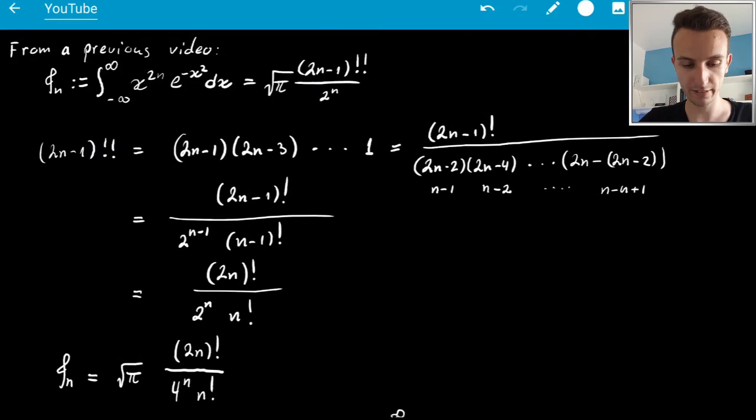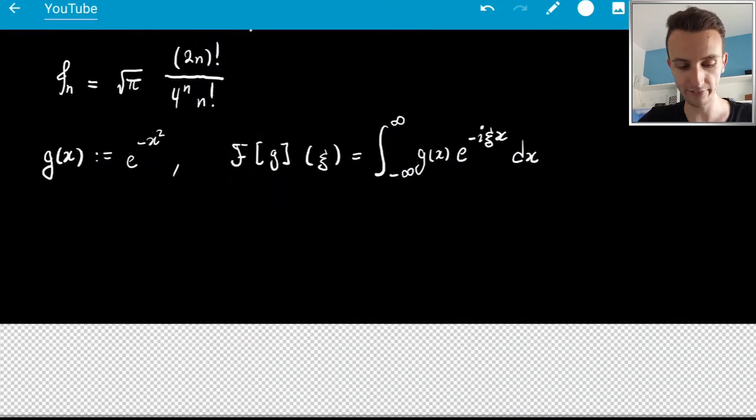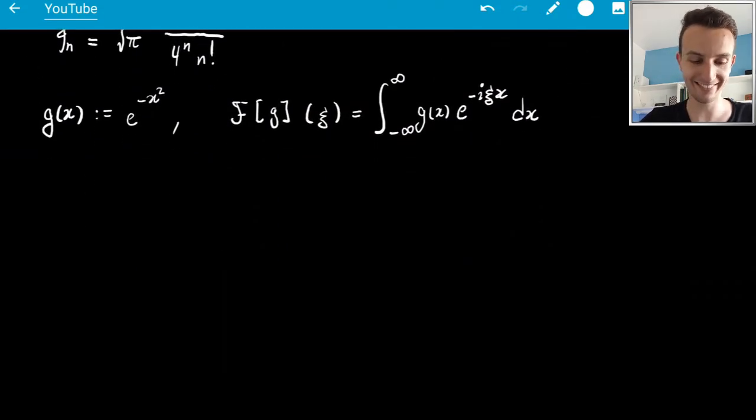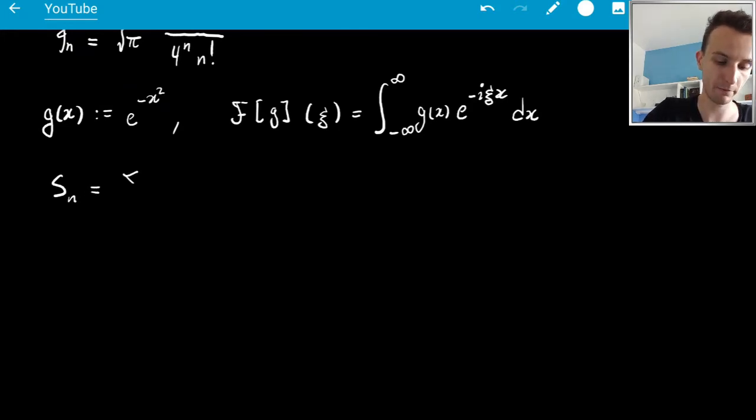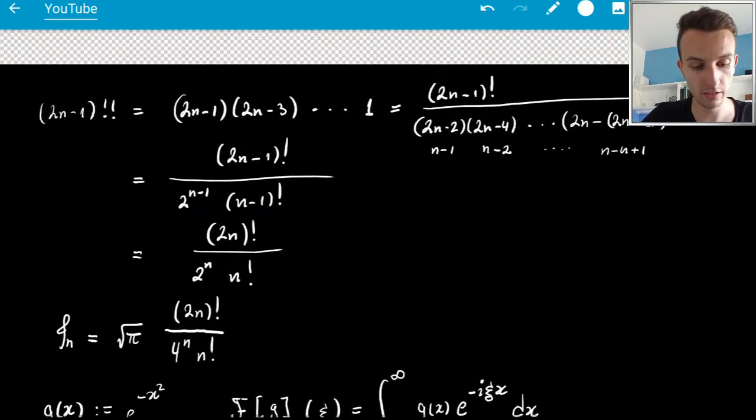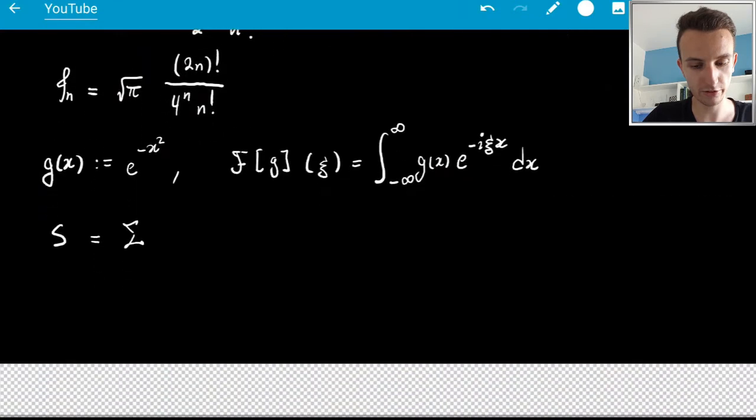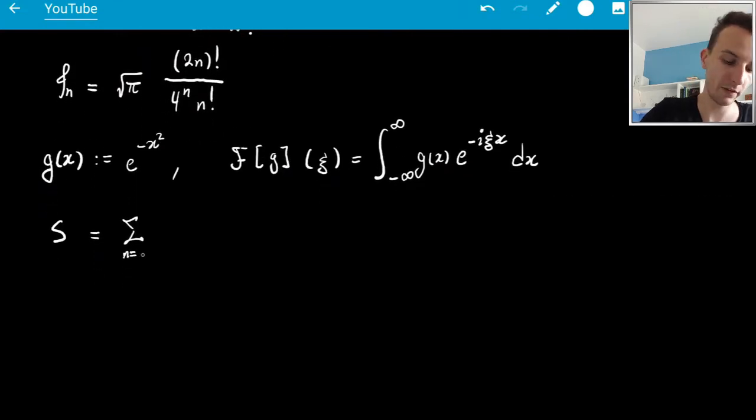Well, this doesn't really look like what we have, does it? Well, that's where the fun comes in. So let's think of this S_n. It's going to be an infinite series rather. It's not of n. Is it going to be of x or just s? Yeah, I guess just s. So n will be ranging from 0 to infinity.